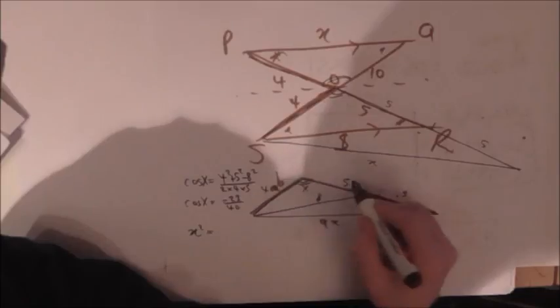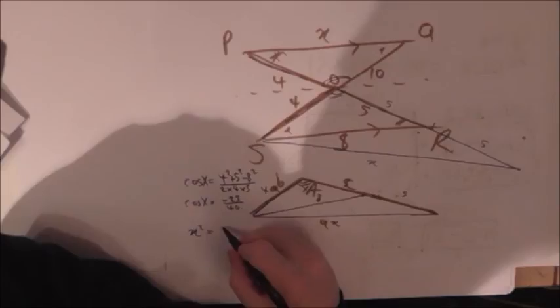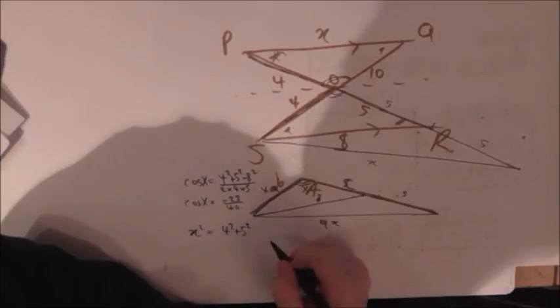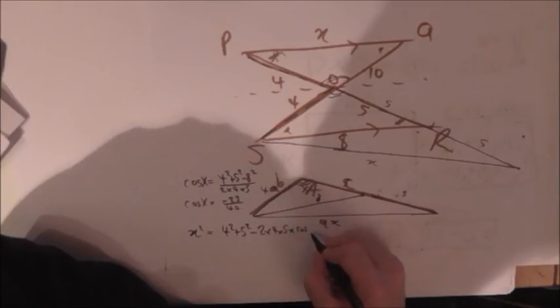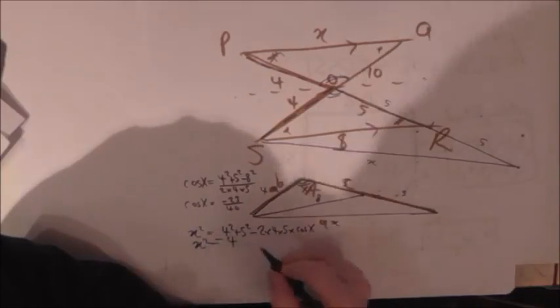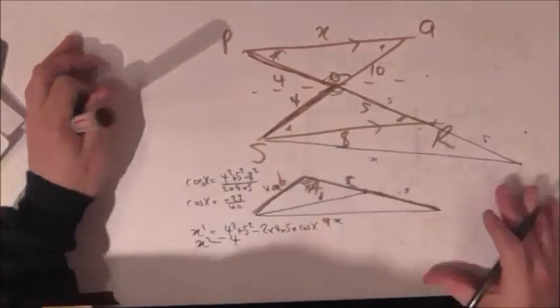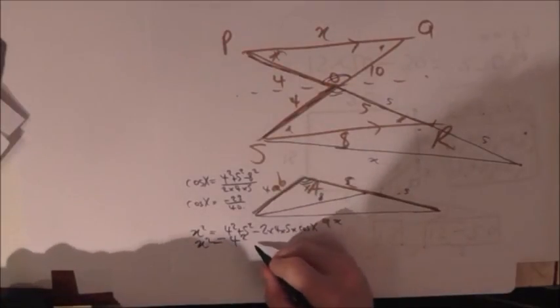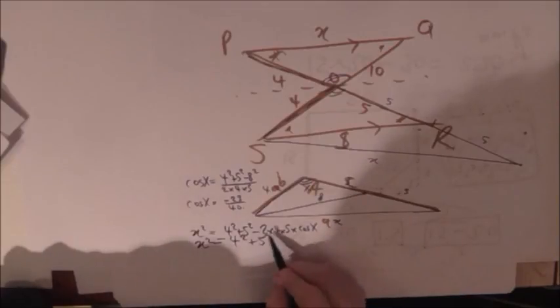So I'll call that A, B, C, capital A. So x squared equals 4 squared plus 5 squared minus 2 times 4 times 5 times cos x. We know what cos x is. X squared equals 4 squared plus 5 squared minus, that's 40, so that'll be plus 23.